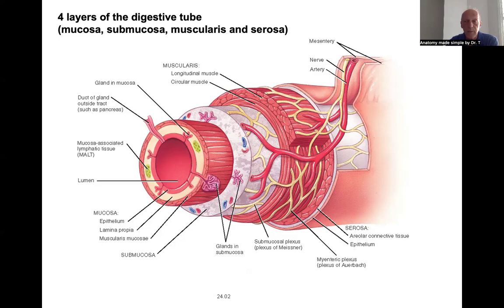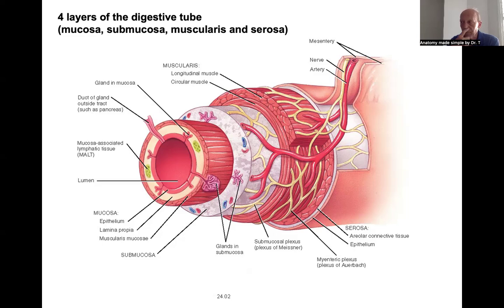And as we know, the lymphatic system is almost the equivalent of our immune system. So exposure to different microorganisms and their antigens could lead to direct activation of mucosa-associated lymphatic tissue, triggering immune reactions, which is the protective part that the tube itself has.